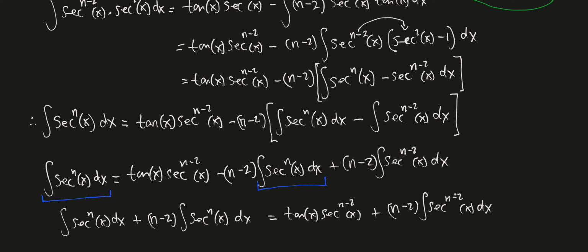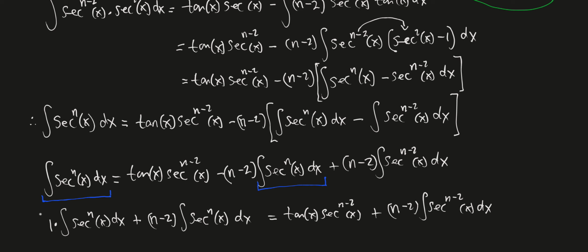Now, again, it doesn't look like a lot, but we're getting close because this is what's going to happen. Because these two integrals are exactly the same, this one has a coefficient of 1, this one has a coefficient of n minus 2, I can add the coefficients together and combine this into one term.